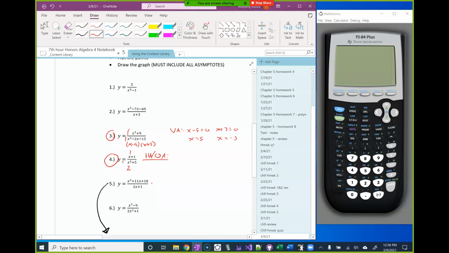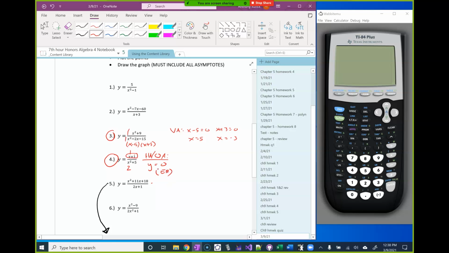It's always 0 if the degree of the numerator is less than the denominator. In this case, I can tell that it's an end behavior rather than an asymptote because I have an x-intercept. So there is a point where the graph crosses y equals 0. Technically speaking, I know that's an end behavior. I wouldn't need you to be that picky on your test, but I figure I'd mention it.